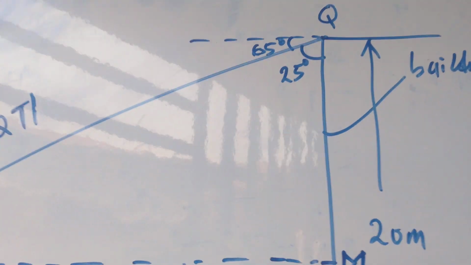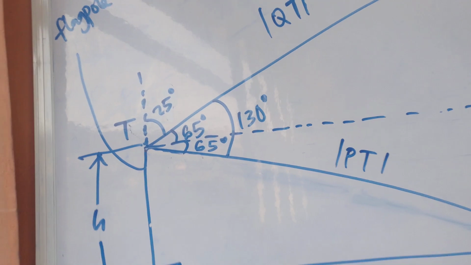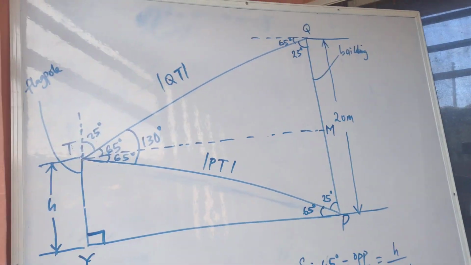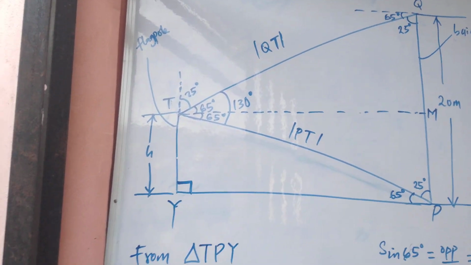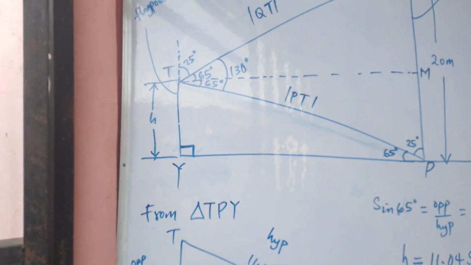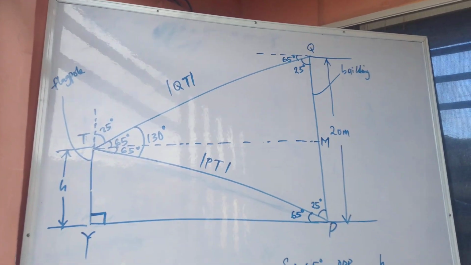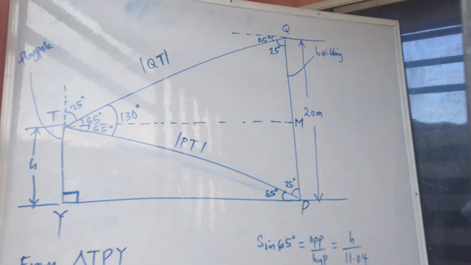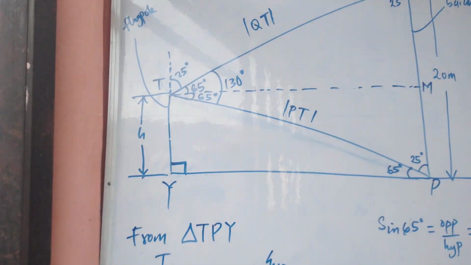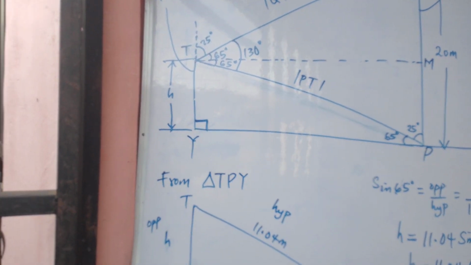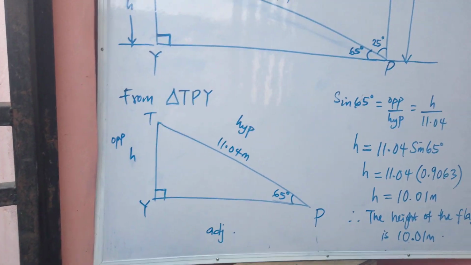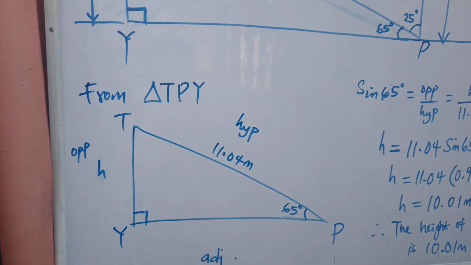Alright, so we'll stop there. This is the diagram, the flagpole and the building. The height of the building is 20 meters, while the height of the flagpole is 10.01, which is approximately 10 meters. So that's everything we did.